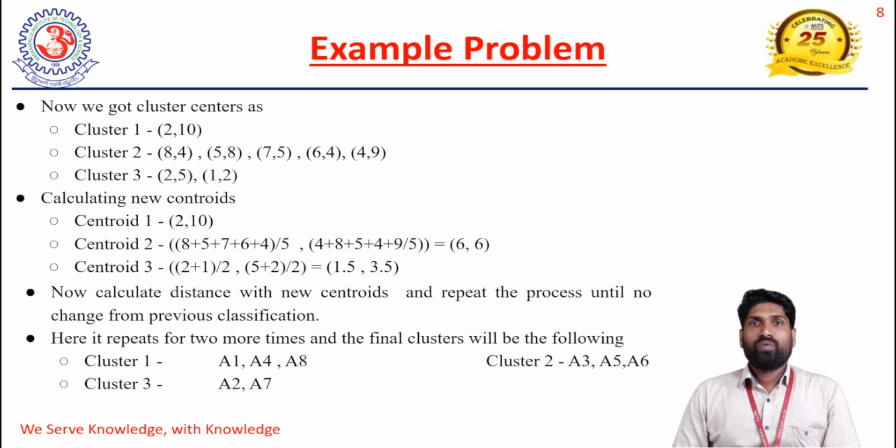Now with these calculations, the same method we have to continue again for n number of iterations. Here we are doing it for 3 iterations only. If you do it a fourth time, you can see that it is converged. Same thing will happen again. Even if you are not getting the same result, you can stop at a point.